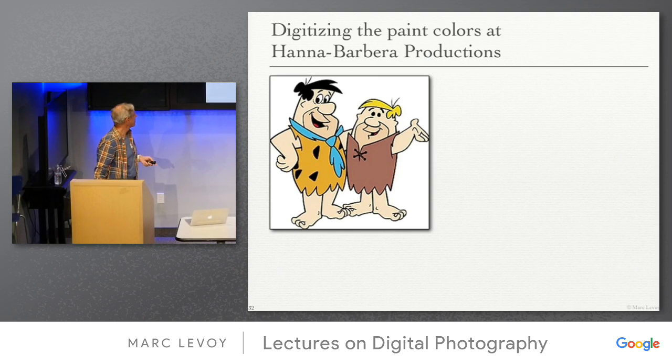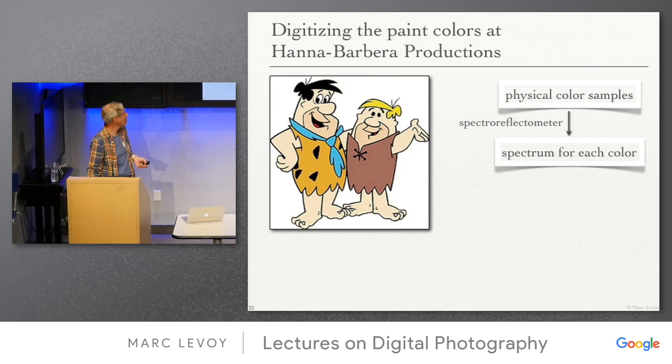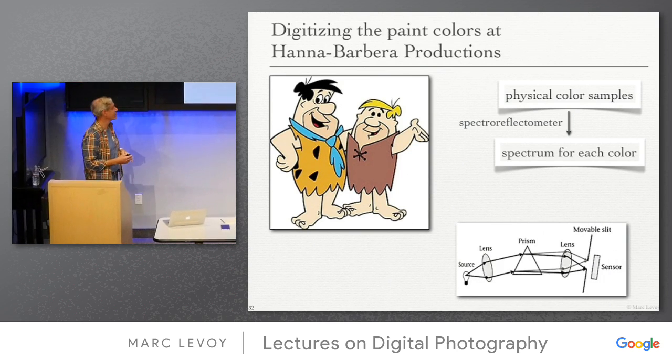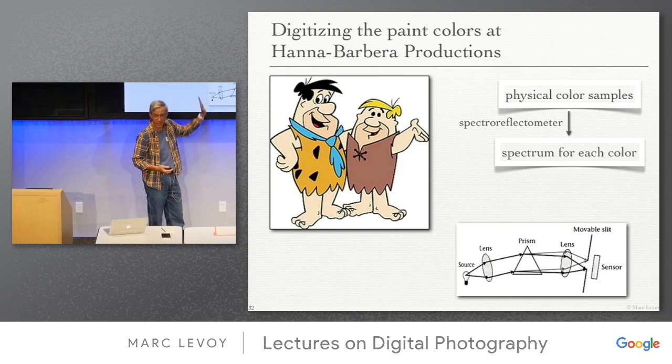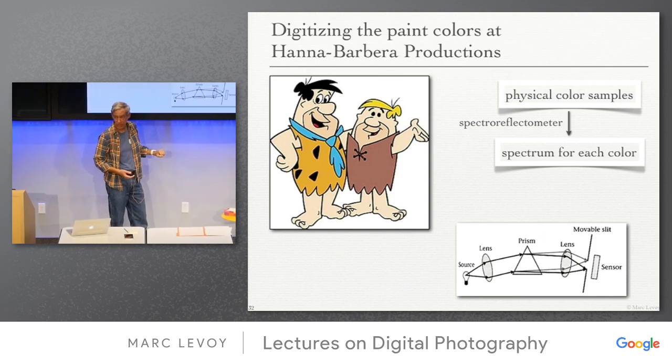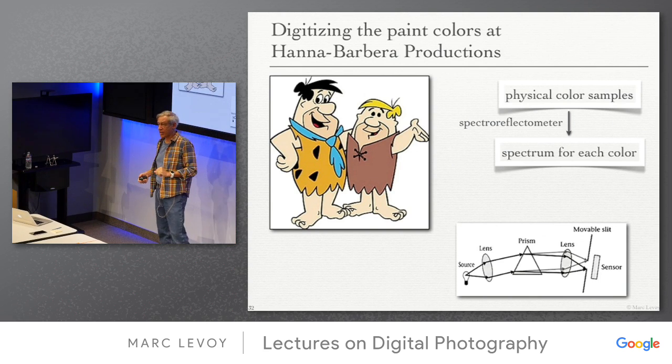Okay, so how do you do that? Well, let's see. Take those physical color samples, you send them off to a laboratory, and they will run them through a spectroreflectometer, which looks a little bit like this, except instead of a light source here, there'll be the sample illuminated by some reference illumination, goes through a slit, and then they sense how much of each wavelength.